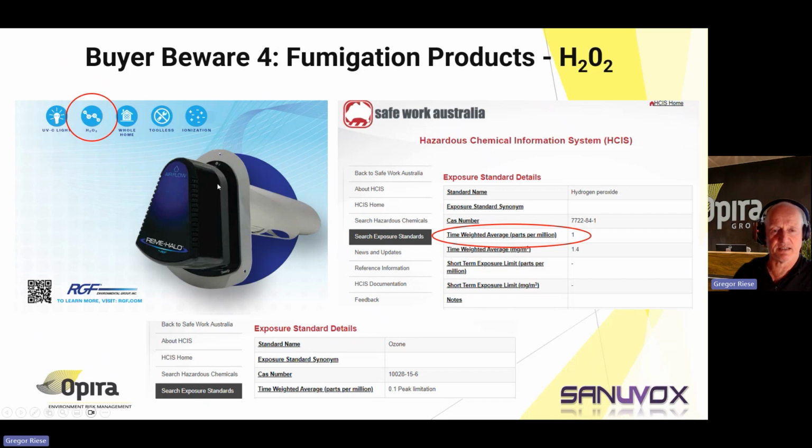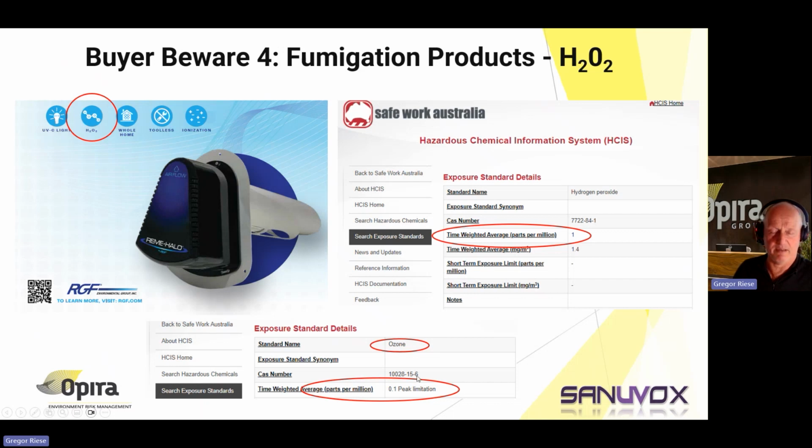This is designed to provide low doses of hydrogen peroxide to occupied areas, below the concentration at which occupants will notice. And to be fair to hydrogen peroxide, its exposure limit is 10 times lower than the equivalent exposure limit for ozone.